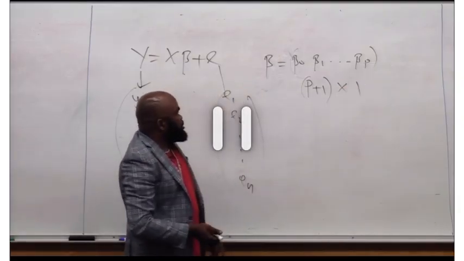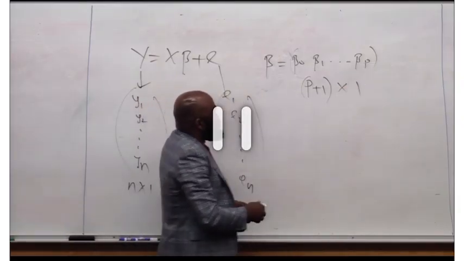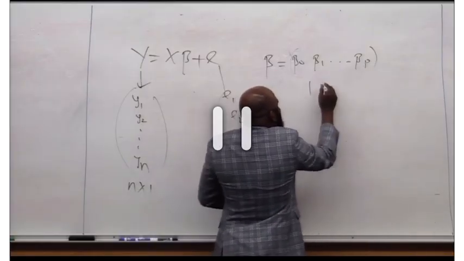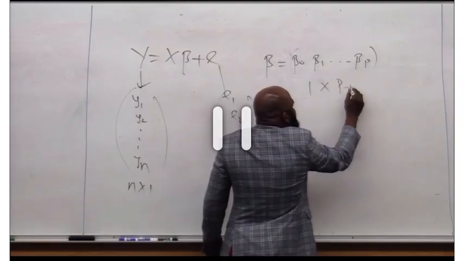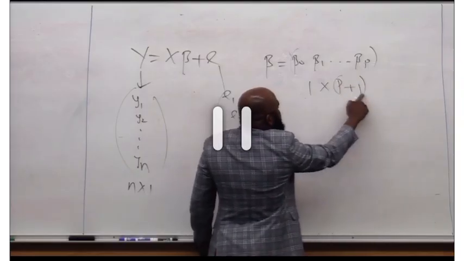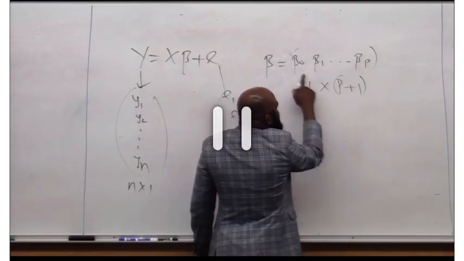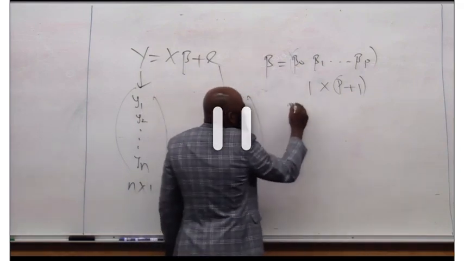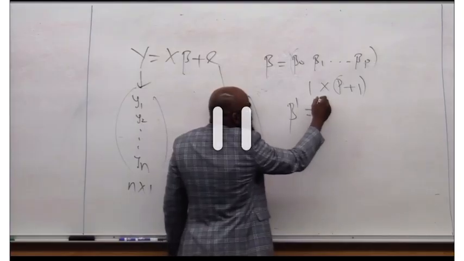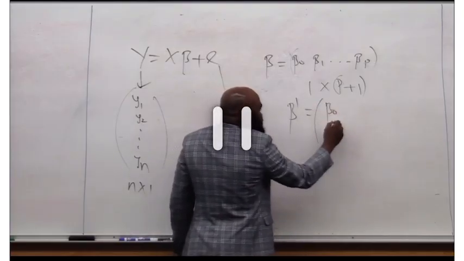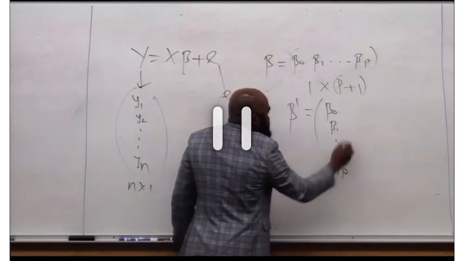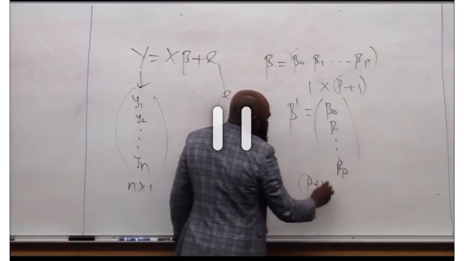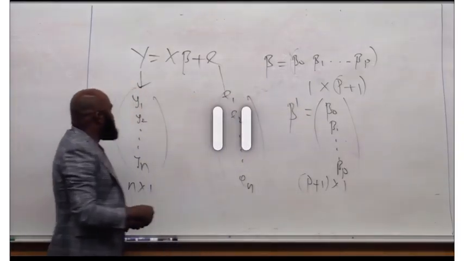Or if I go by 1 row, it is 1 by p plus 1. Why is it p plus 1? Beta 1 to beta p is p. The plus 1 is the beta naught. So it is p plus 1 by 1, whichever way you want to call that.